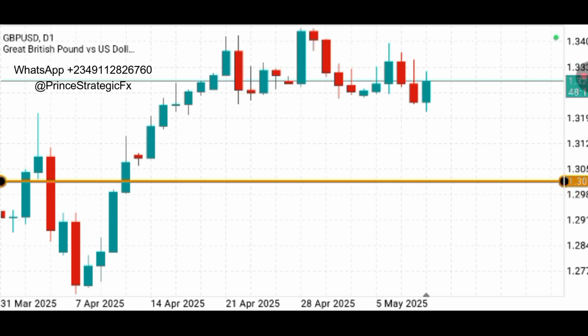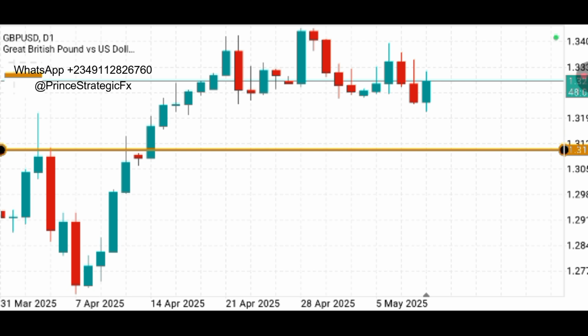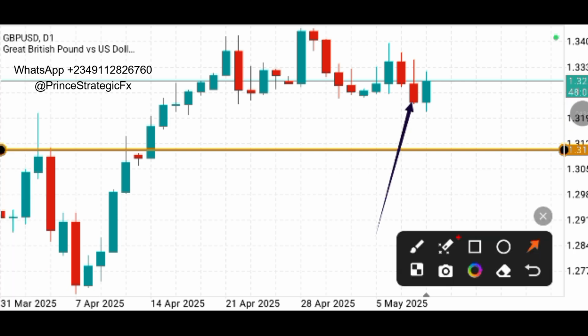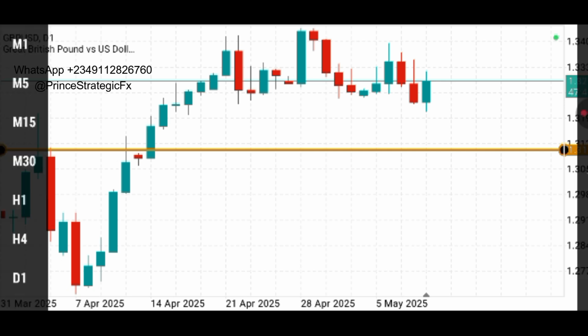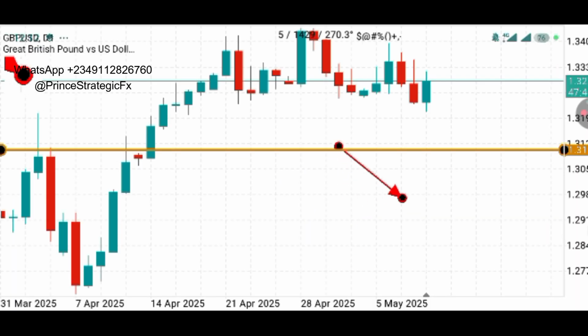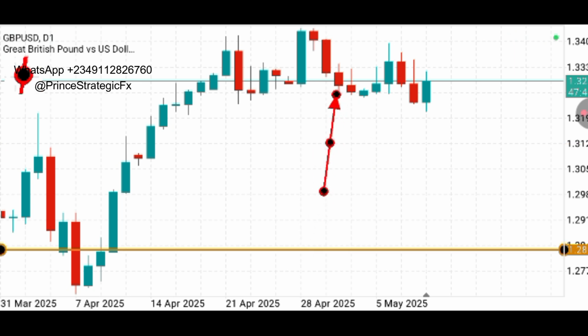Now just follow the strategy, it is very simple. Since this particular candle right here doesn't have a wick, and that was the close of the day, right? Because if it did have a wick, we would have seen a wick just like this one here, right?